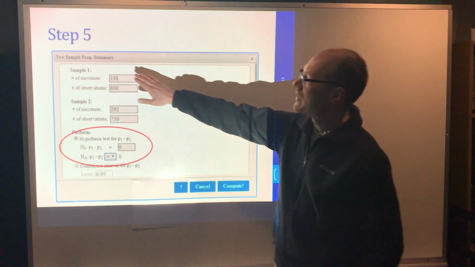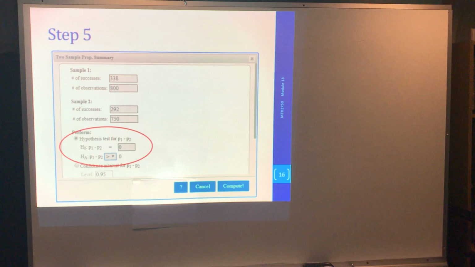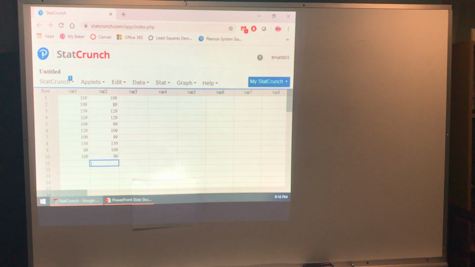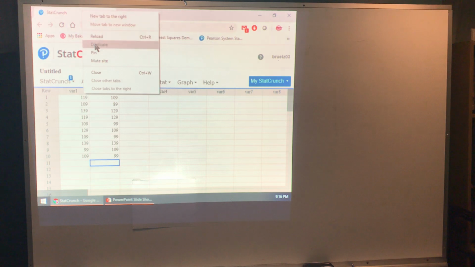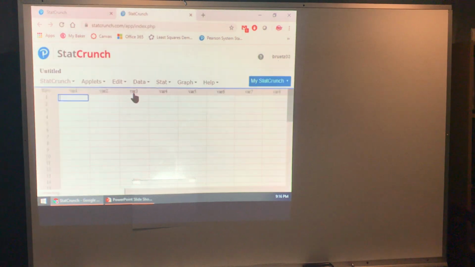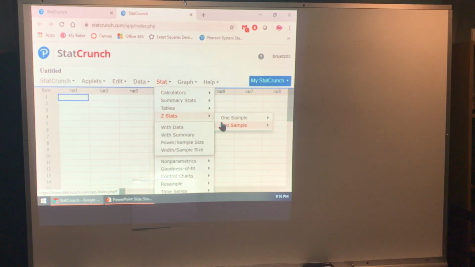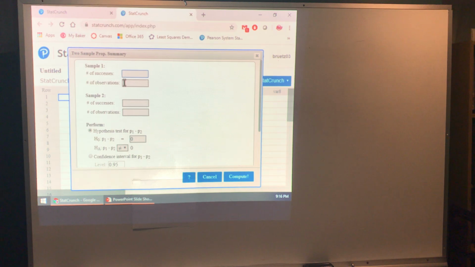And in the StatCrunch, it's a 2 sample test. I think maybe I'll show you this one real quick. This is a later one, so ignore what you're seeing here. I'm going to duplicate this. If you go to proportion stats, two sample with summary, then you get exactly what you saw right there.